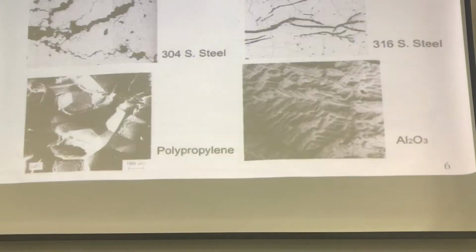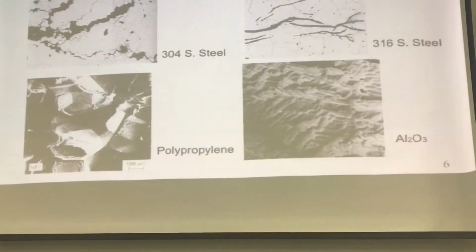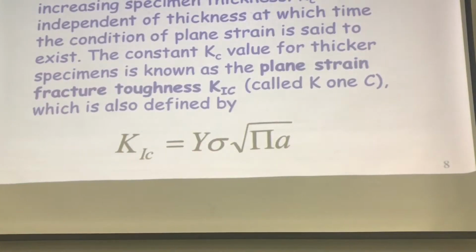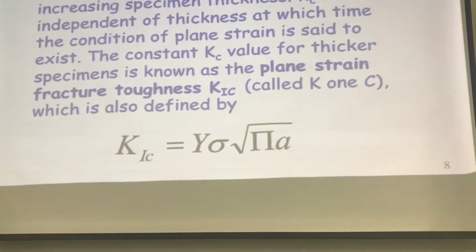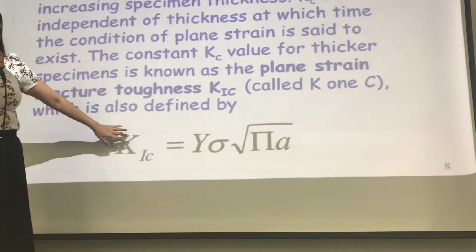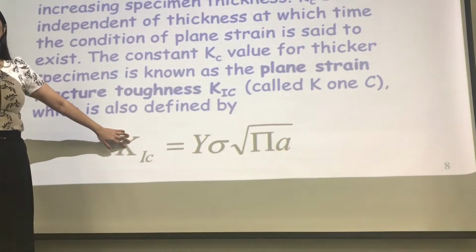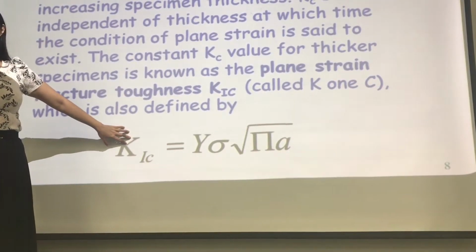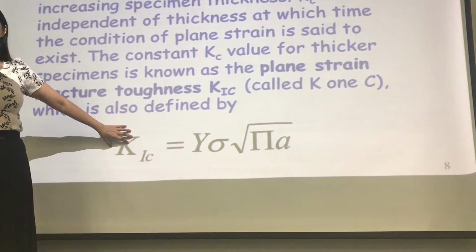One more time. This one has a lot of things. It used to be in the exam previously, quite a lot of times. So one more time: what K tells you is the fracture toughness, and it's a property of a certain material.